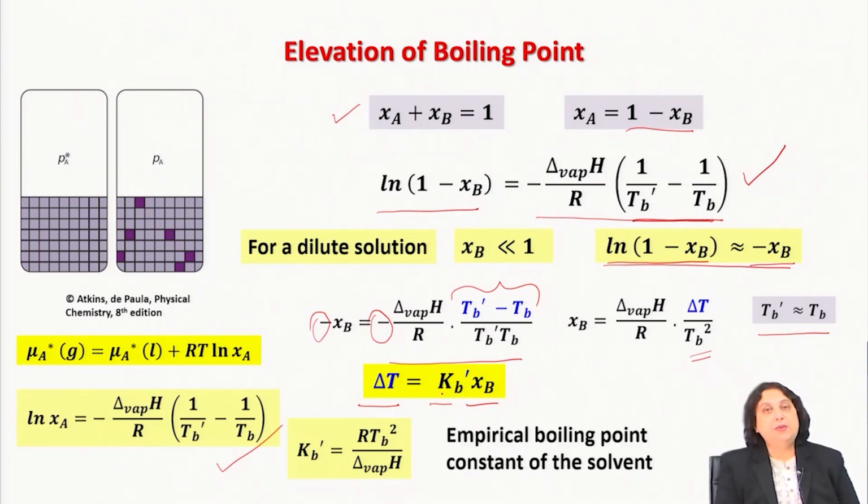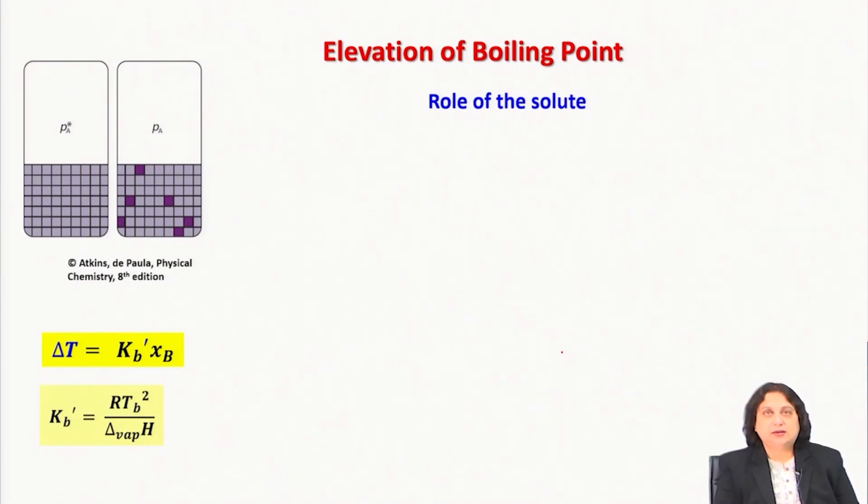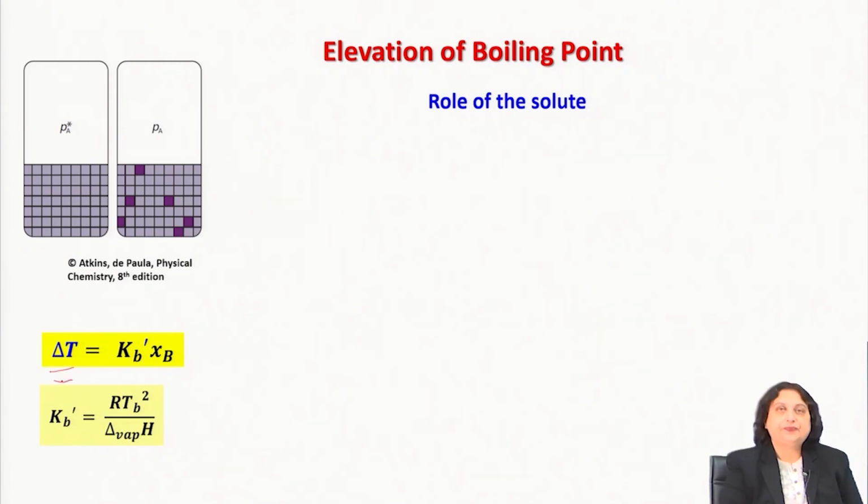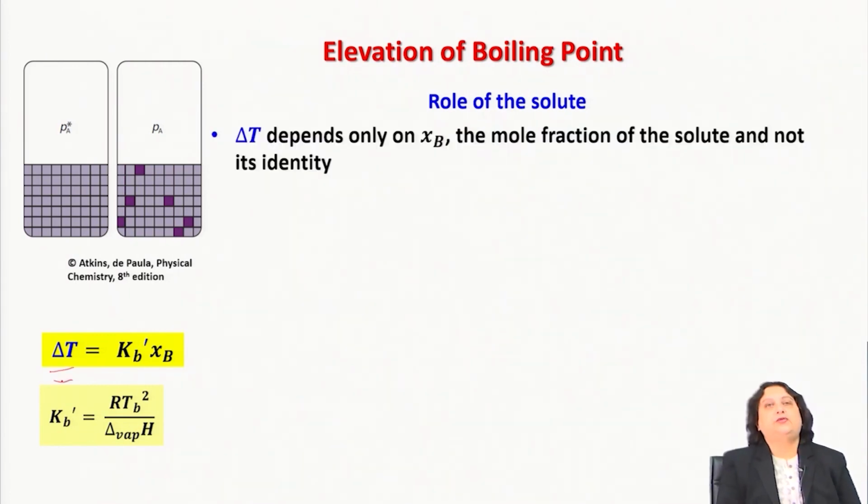Now this Kb prime is called the empirical boiling point constant of the solvent. Actually, for practical applications, this equation is extremely useful, but it might require you to modify it a little, because here I would like to know explicitly the role of the solute in giving me a certain value of delta T. So if I now examine the role of the solute, delta T depends only on Xb.